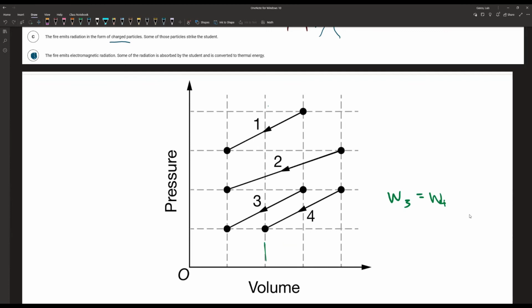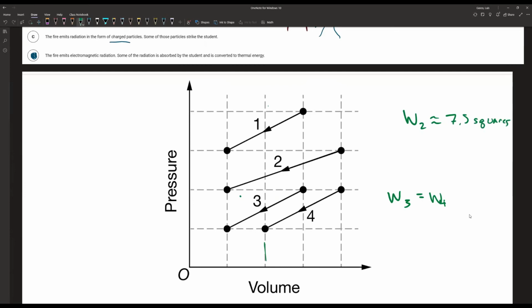If we look at process 2, that's going to be 1 for this guy. That's 1, 2, 3, 4, 5, 6. This guy can go up there, 7 and a half-ish. And so I think process 2 is going to be greater than them. The work in process 2 is approximately 7.5 squares.